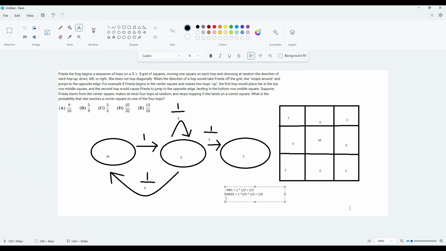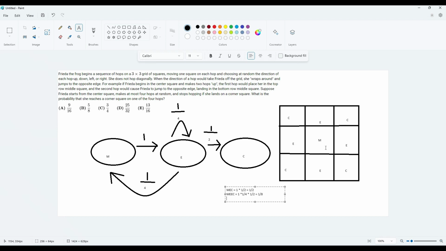The next possible case is where it continuously goes to more edges. It goes to the middle, and let's say in this case it goes left. So it goes here, then to this edge, and then back to this edge here, just hopping all over the place, and then it goes to the corner.